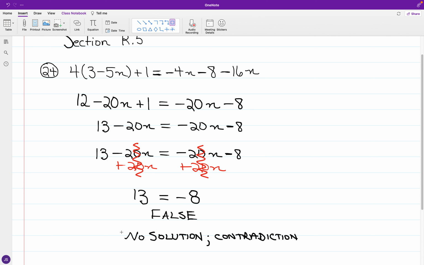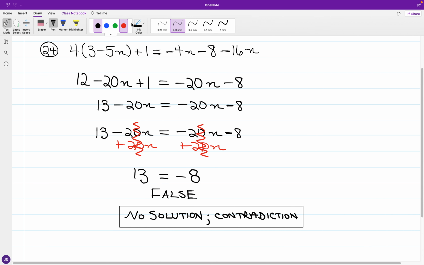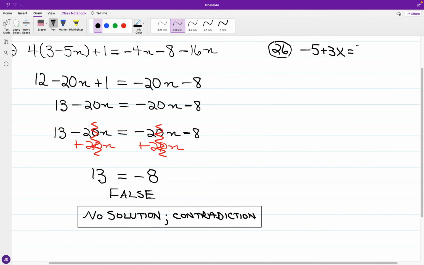And in the case of number 26, we have on the left hand side negative 5 plus 3x, and for what we have on the right, we have a set of parentheses, and so we got negative 5 plus 3x is equal to 3 times the quantity of x minus 1 followed by the subtraction of 2, and looking at gathering what we have.